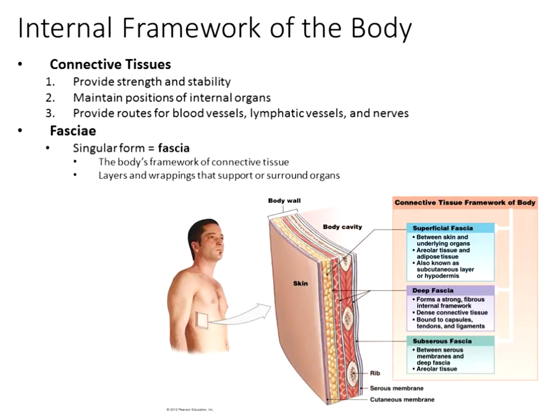If you go by anatomical organization, the connective tissues located closest to the surface of the skin are going to be superficial connective tissue, superficial fascia. The ones around the bones and muscles that form a little bit of that framework and assist in that are going to be your deep fascia, and then the connective tissues commonly associated in and around the organs in the body cavities, they are your subserosa fascia.